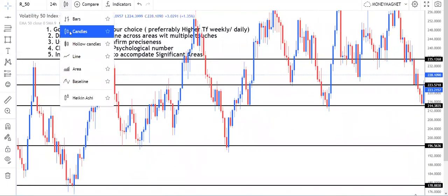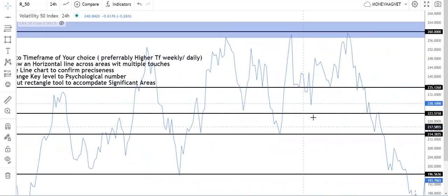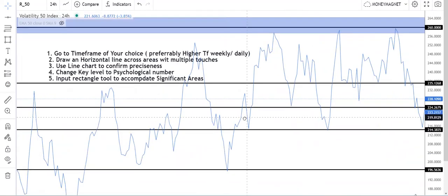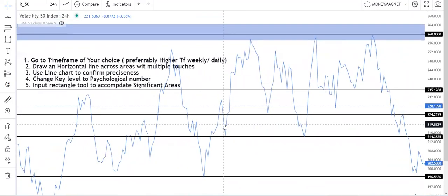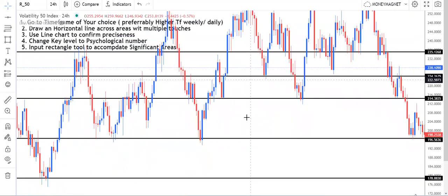Let me use a line for that. I'm trying as much as possible to identify every one of these levels with multiple touches. Okay, for now, I think I would leave that. We'll leave it at that.